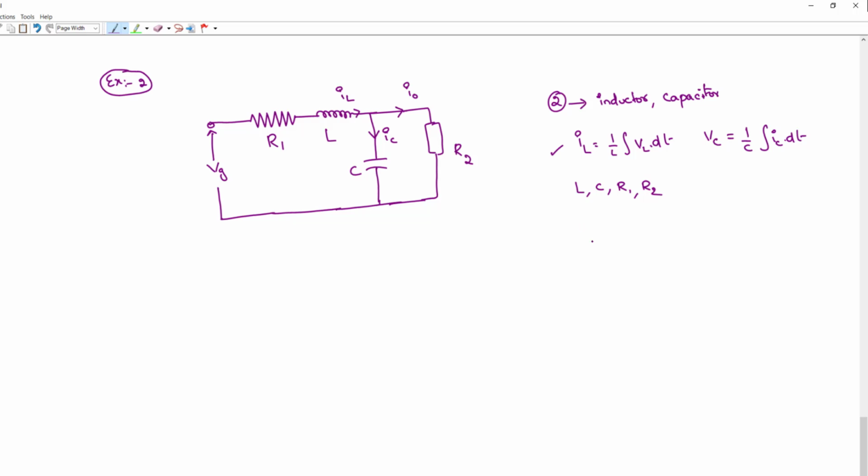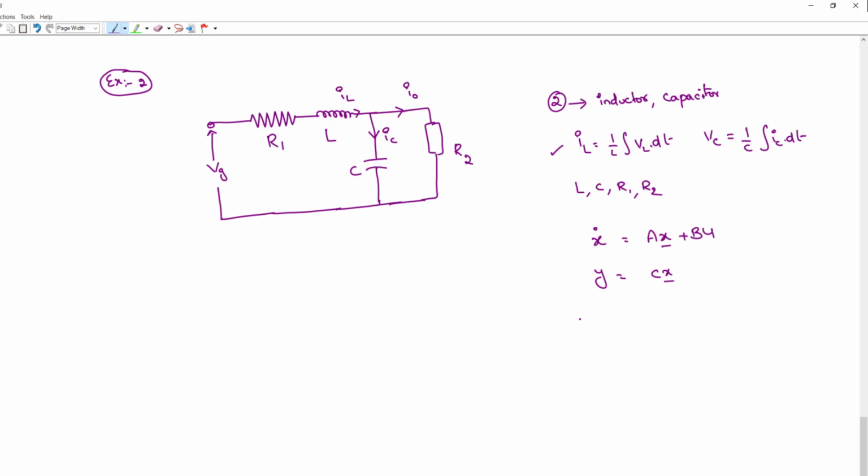Now, our state space analysis gives x dot is equal to Ax plus Bu, y is equal to Cx plus Du. Since there is no direct connection between the input and output, there is no feed forward, so D is 0, only C is there. What are the x parameters here? Those are the state variables.